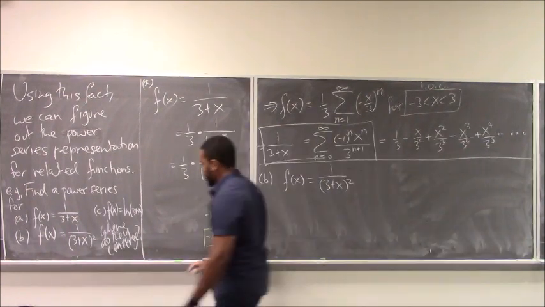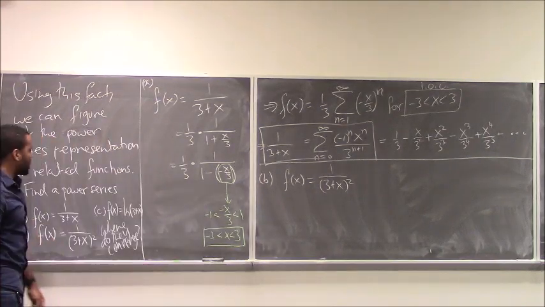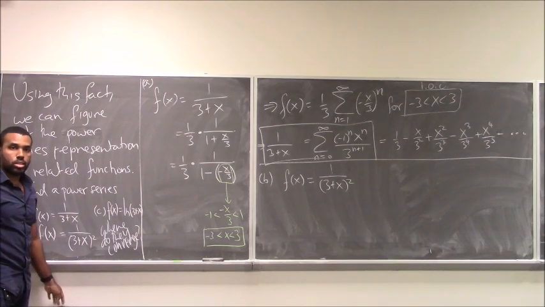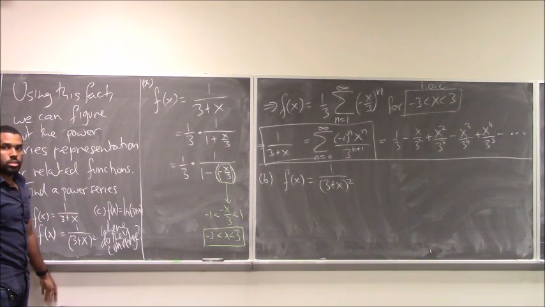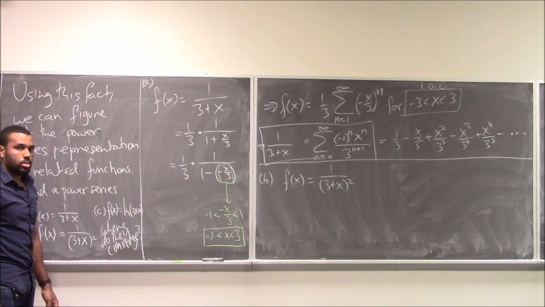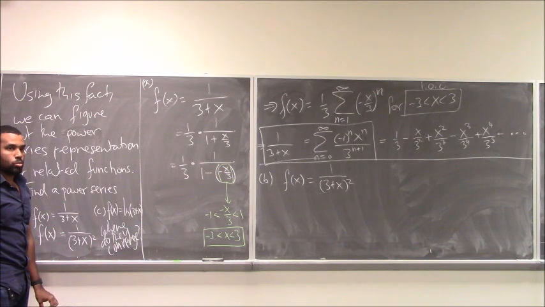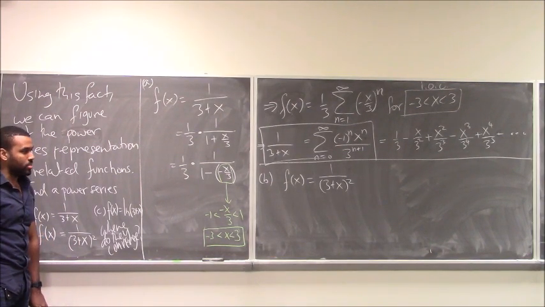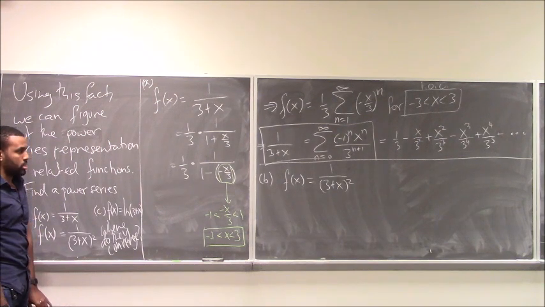But what trick can I use to get a square in the denominator? Any ideas on that? You can't just randomly square a denominator, right? There has to be a legal way to actually get that.